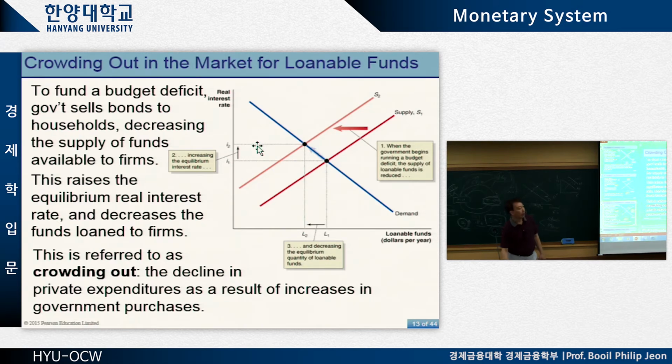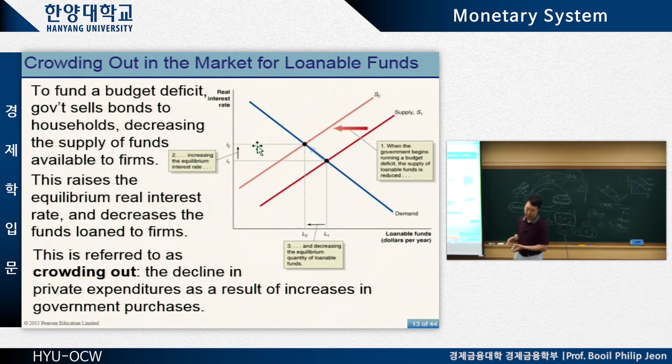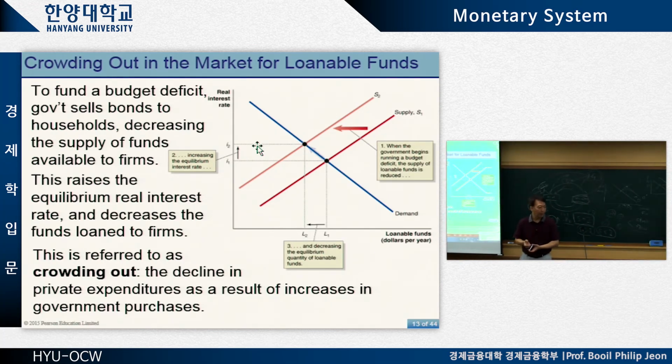Simple as that, right? Because in the money market, in the financial market, less money is available for lending. So the price will rise, which means the interest rate will rise. And the businesses, when they need to borrow money, will have to pay higher interest.